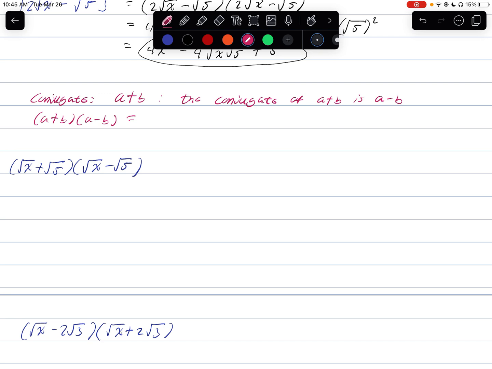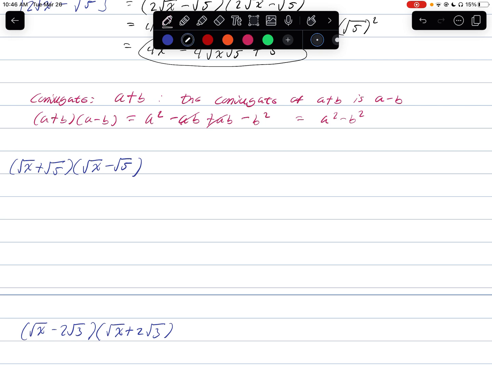So if we FOIL this out, we get A squared minus AB plus AB minus B squared, okay? The minus AB and the plus AB cancel, and we're left with A squared minus B squared. So anytime you're foiling something together, and you notice that you're multiplying an expression by its conjugate, you can just utilize this A squared minus B squared. You don't have to go through the whole foiling process, okay?